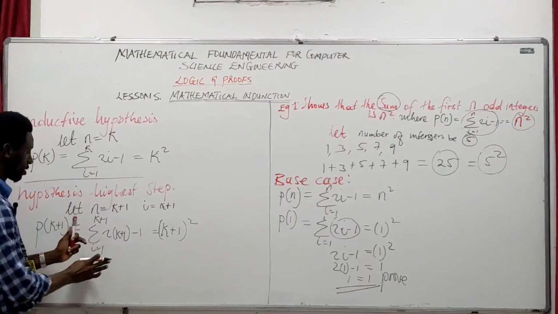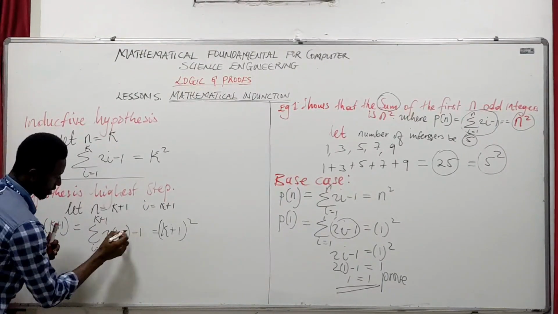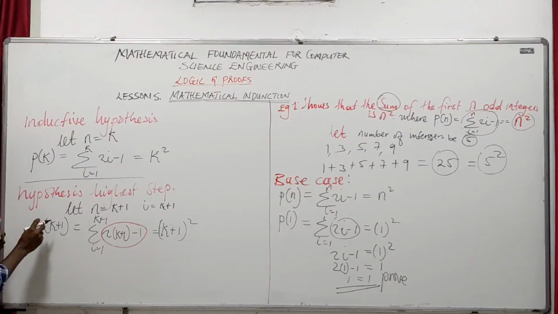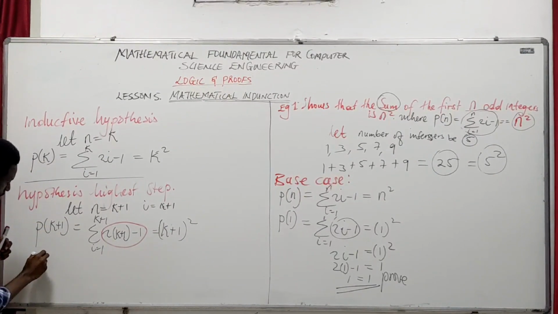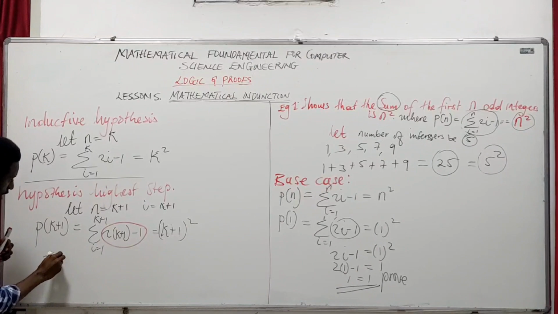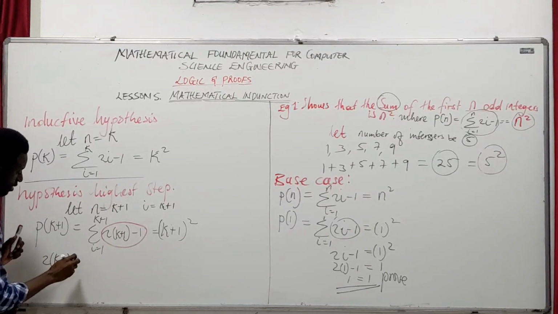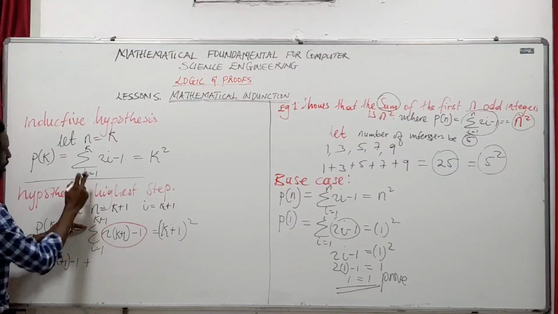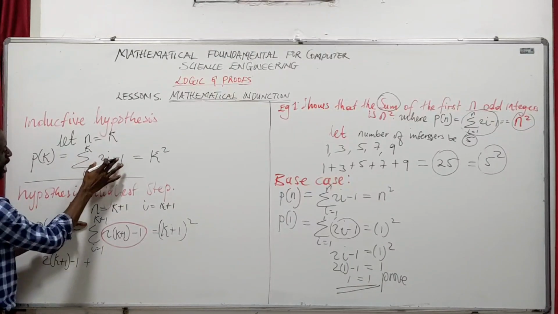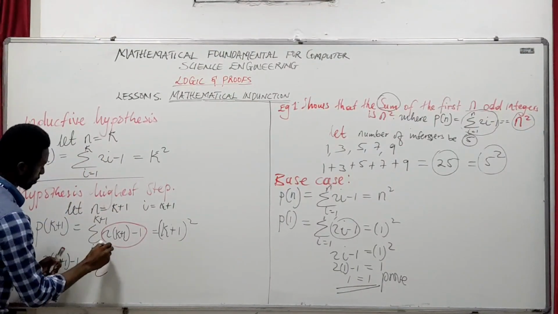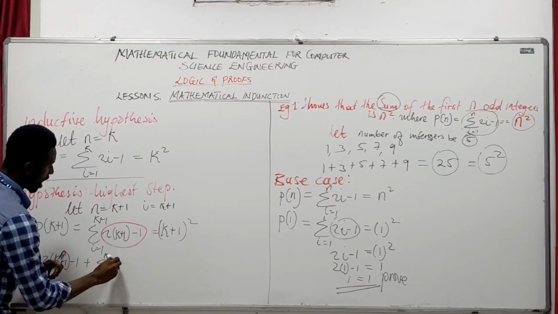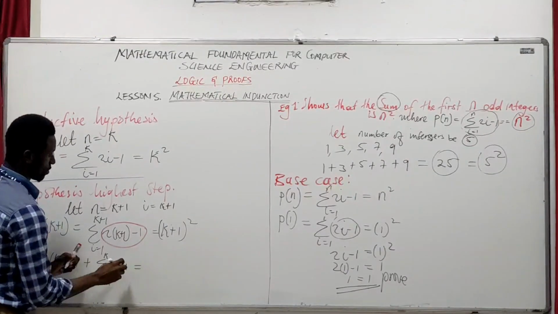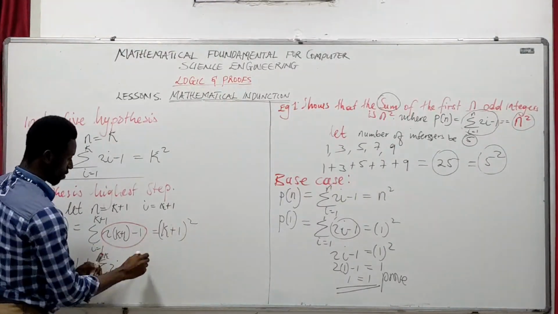So in this equation, first we move this one inside, and this one outside. So our P of k plus 1 now will be 2 into k plus 1 minus 1 plus this summation, the summation of 2I minus 1, I equals 1 to k, which is equal to k plus 1 all squared.